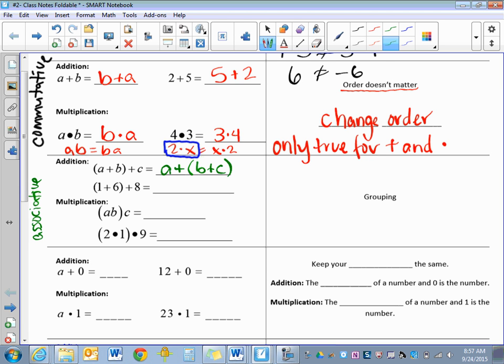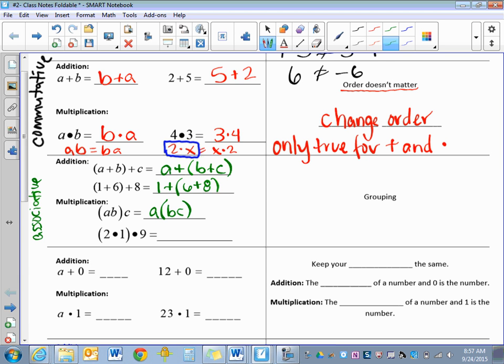Okay. So with numbers, 1 plus 6 plus 8 is the same thing as 1 plus the quantity 6 plus 8. So you're grouping it together. And then again with multiplication, A times B times C is the same thing as A times B times C, grouped differently.